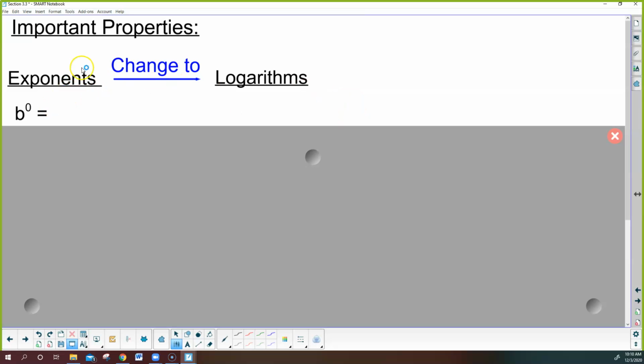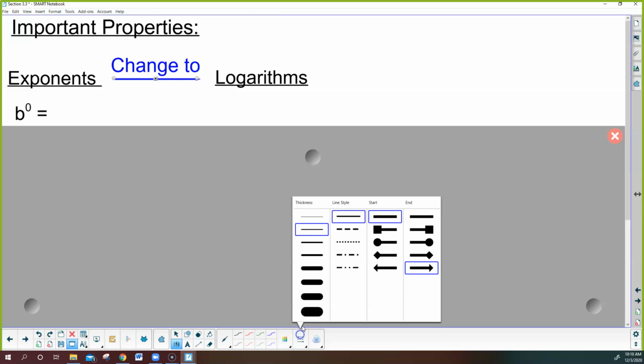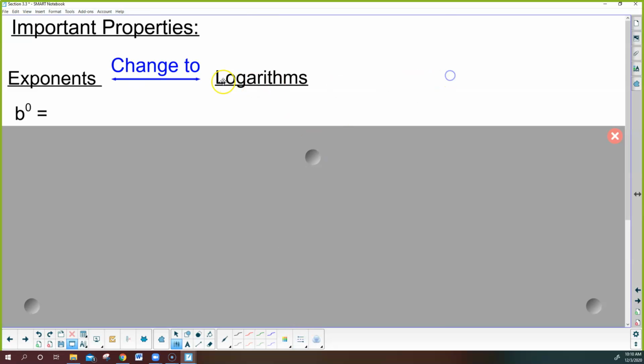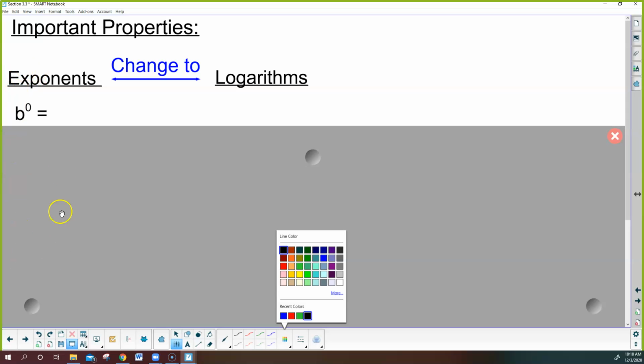And keep in mind, you can always change from an exponential base to a log base or a log base to an exponential base. So I should make this a double arrow because we can go either way.